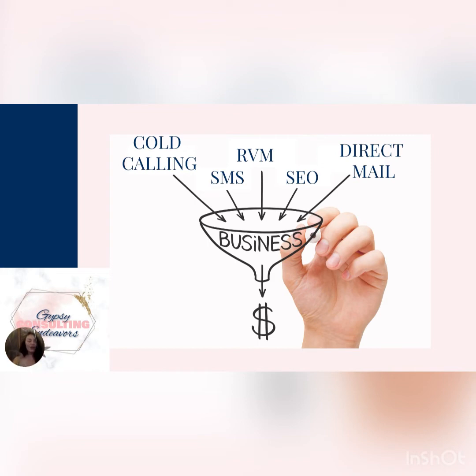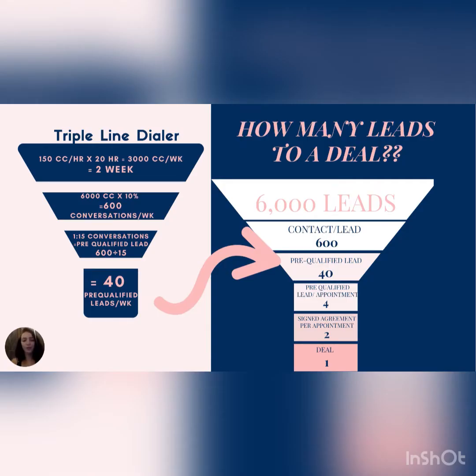So whether that be referrals coming in while you're doing cold calling, each one of those, you're going to have different data measurements to track through each step of the process. So for example, last week when we were looking at our triple line dialers, we decided that we were going to be calling 20 hours a week, okay?